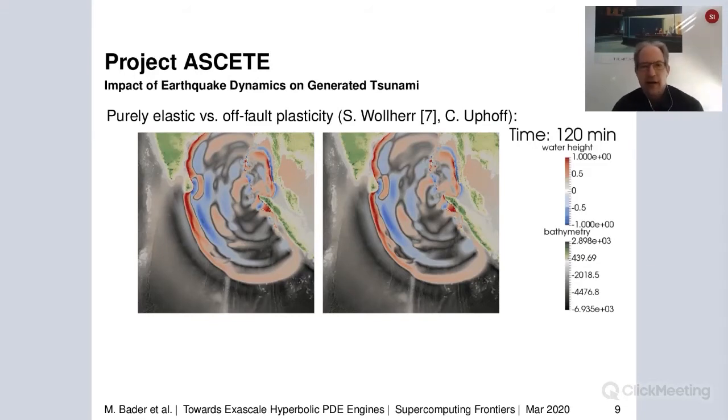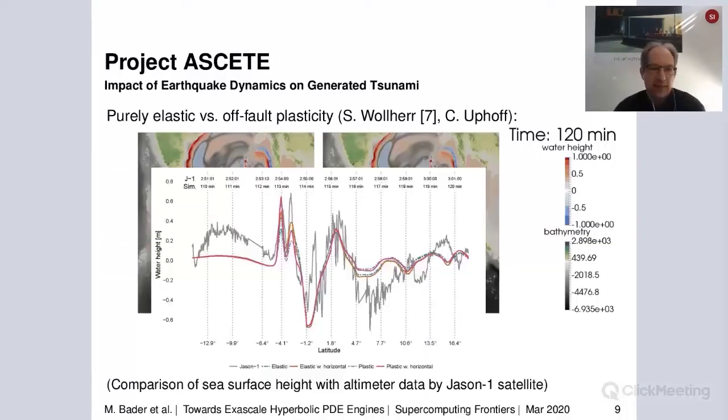In these pictures, you have 2 simulations of the resulting Indian Ocean tsunami, which are similar, but do have slight differences in the tsunami signal, which you can see a bit better in this overlay with measurement data of a satellite. You have in red and orange the 2 different simulated tsunamis, and they differ in the earthquake model at the beginning, whether you consider plastic deformation in the material response near the fault.